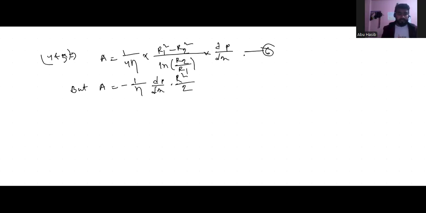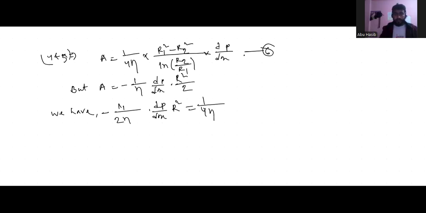So we have minus 1 by 2 eta d/dx of p r squared is equal to 1 by 4 eta into (r1 squared minus r2 squared) divided by ln r2 divided by r1, dp/dx. Okay.